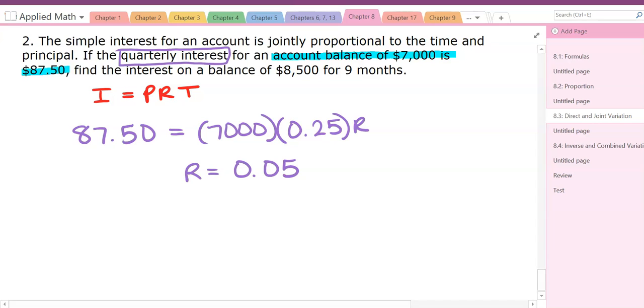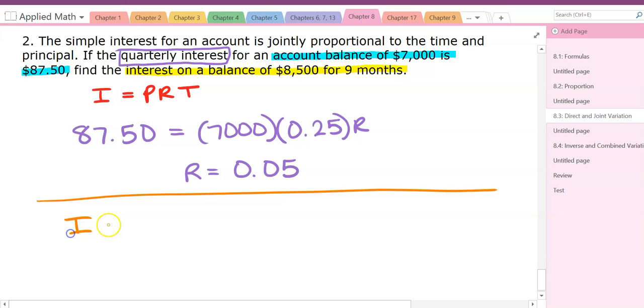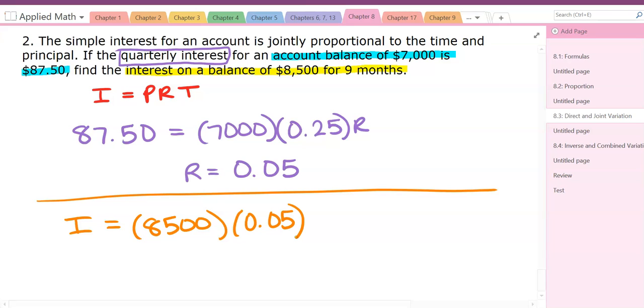They want me to figure out what's the interest on a balance of $8,500 for 9 months. So this is like a second half of the problem. I don't know what the interest is. This time the principal is $8,500. The rate is 0.05. Okay? If you think about 9 months out of a year, how many months are in a year? 12.